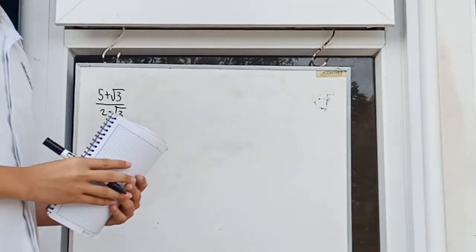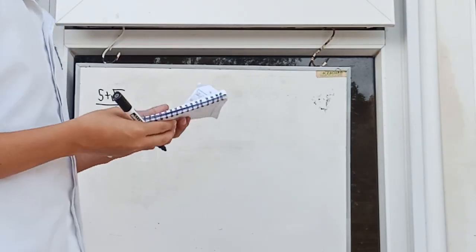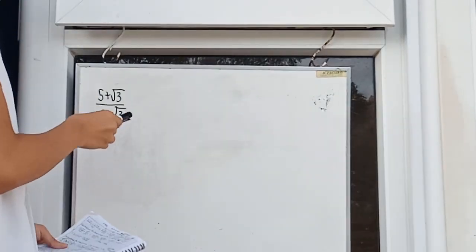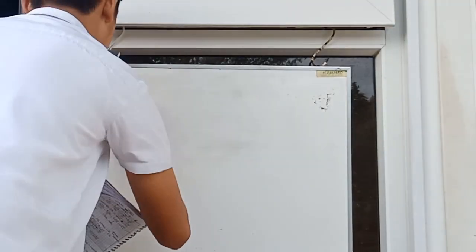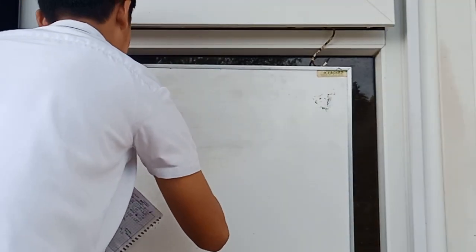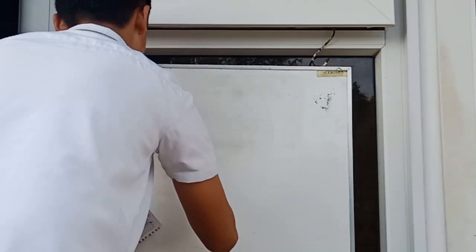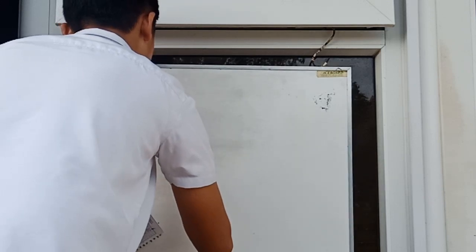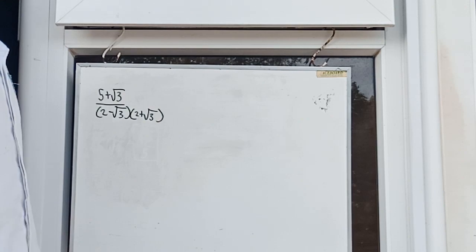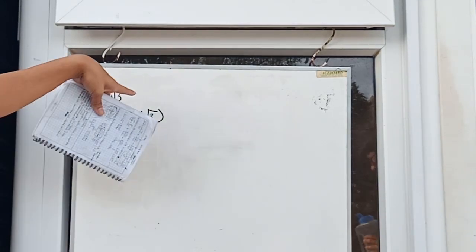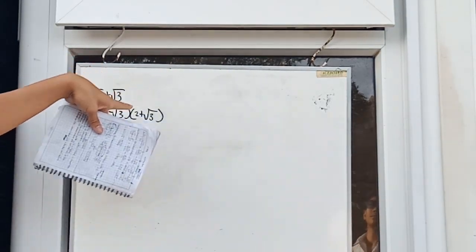Now this might take you a while because this is a longer equation. So let's start. Whenever you have a denominator that has this, you always get the conjugate. The conjugate of 2 minus square root of 3 is 2 plus square root of 3. So on the numerator, you also multiply the conjugate of the denominator.